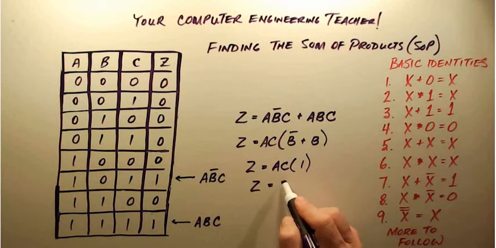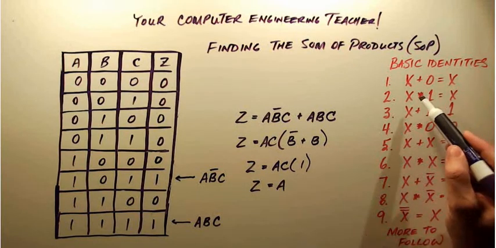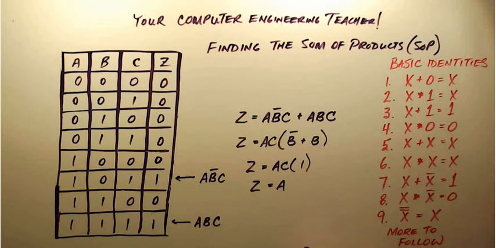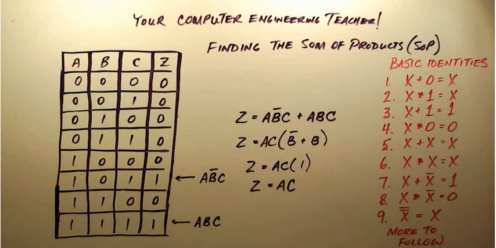And using another one of our identities, when we take something like x and multiply by 1, it just comes out to x, and AC times 1 just gives us AC.